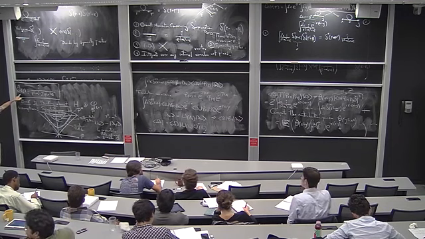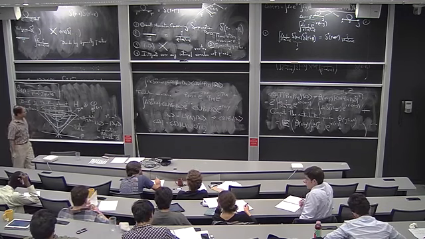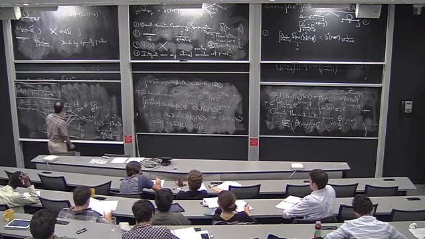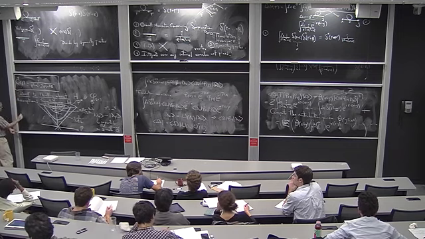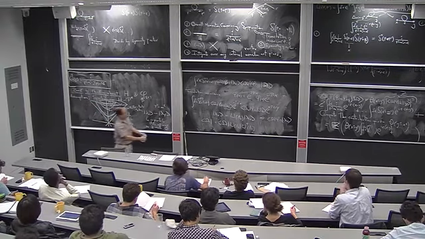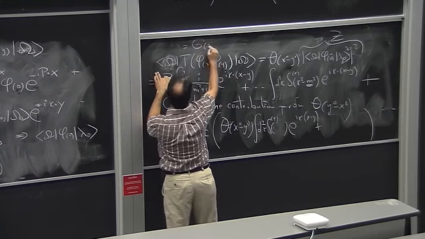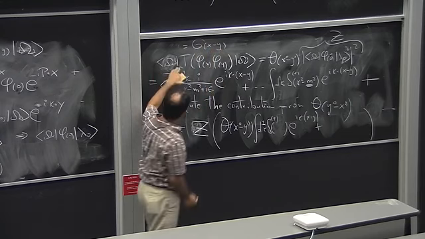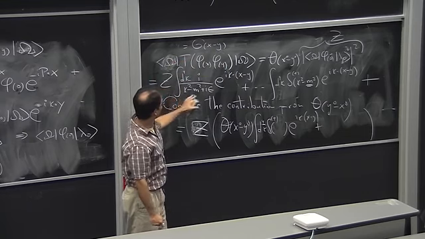So we got this formula. Now we learn from all this actual discussion that this object, g of x minus y, or the full two-point function, has a structure that looks like this.